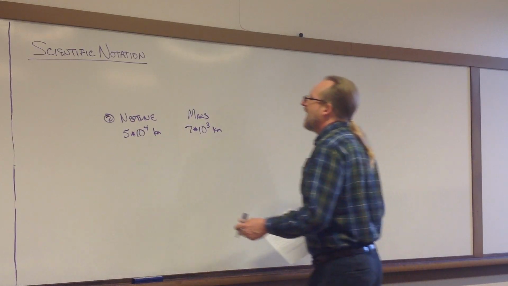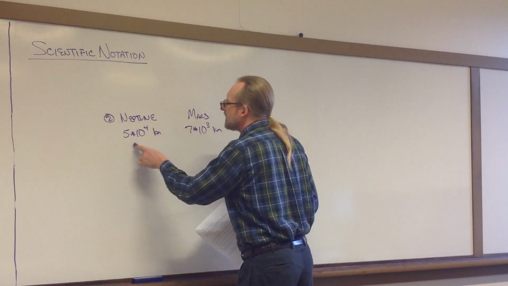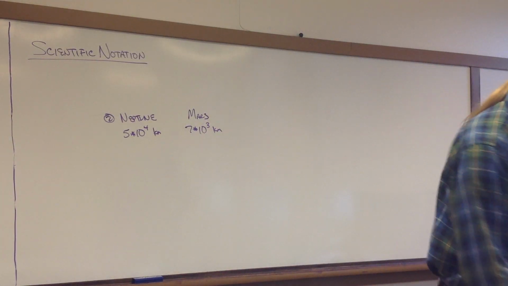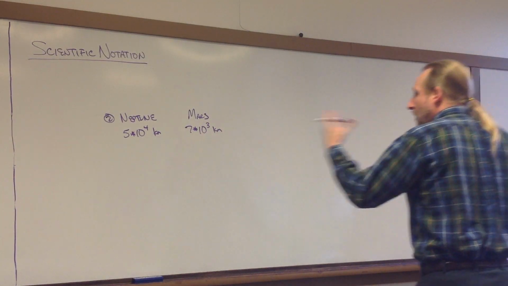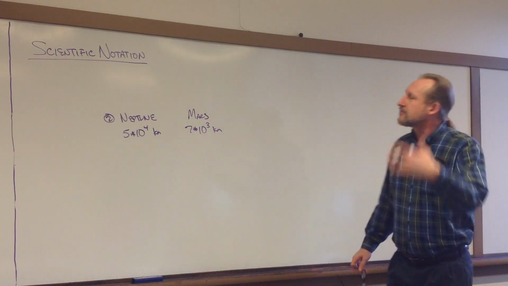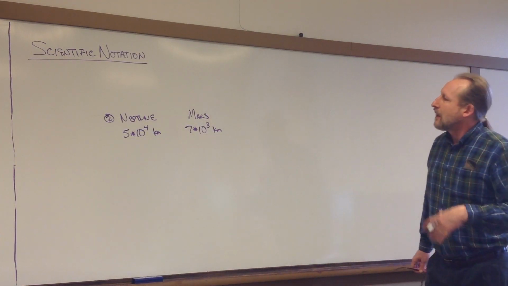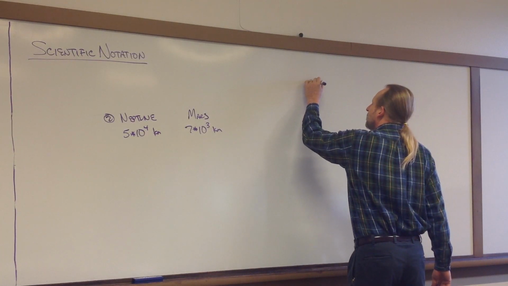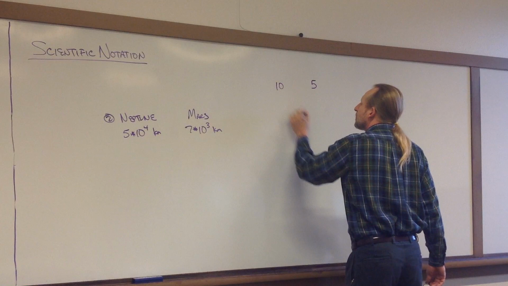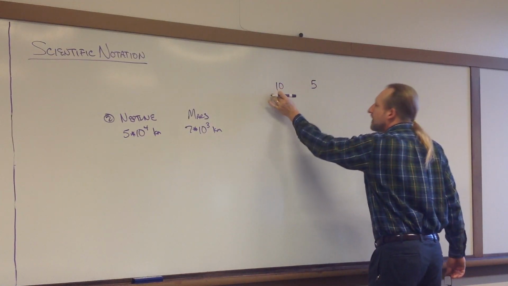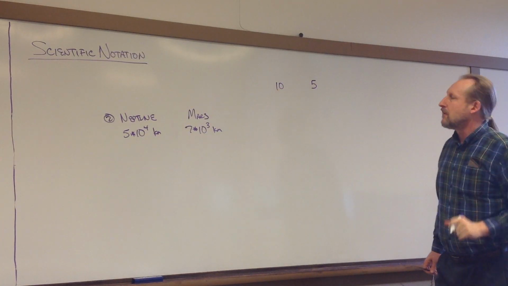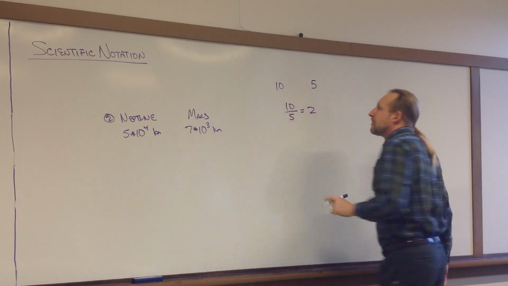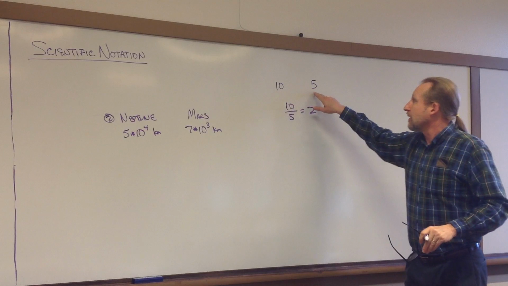The question is, how many times bigger is the diameter of Neptune than the diameter of Mars? Well, if you already know what calculation to make, then you can go ahead and make it. But if one was 5 and the other was 10, you can see this one is 2 times bigger. And the way to figure that out in something that's not as obvious is to divide this one by this one.